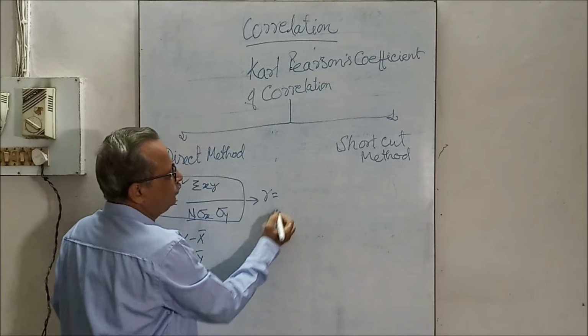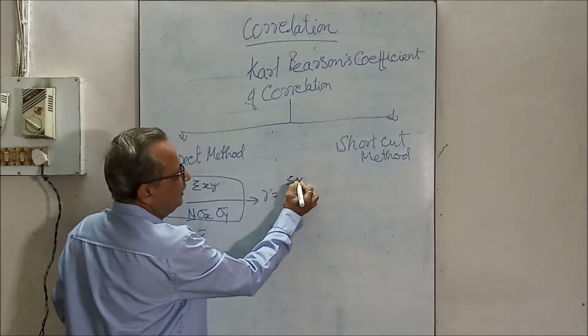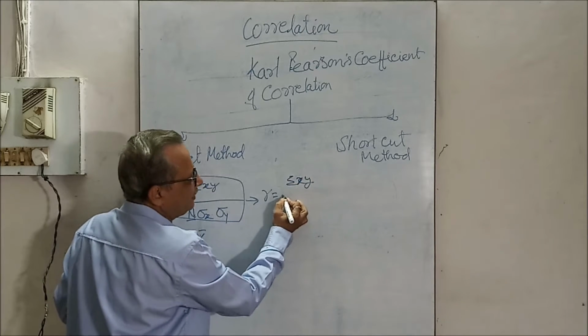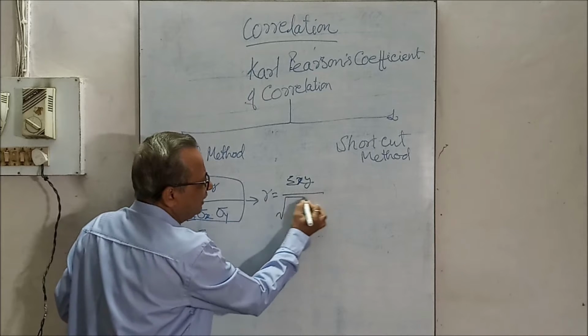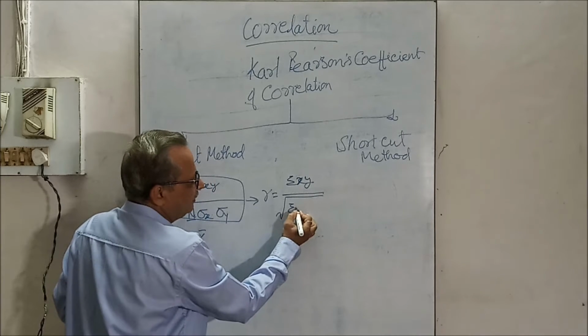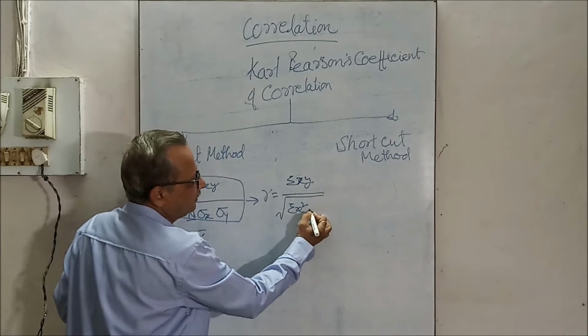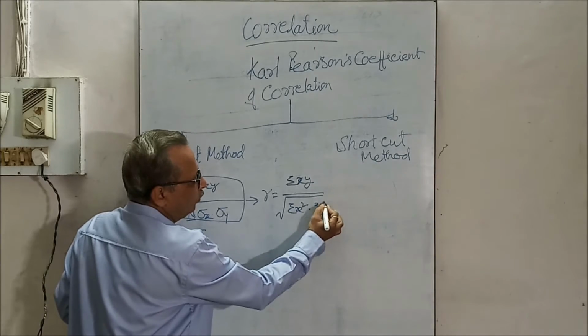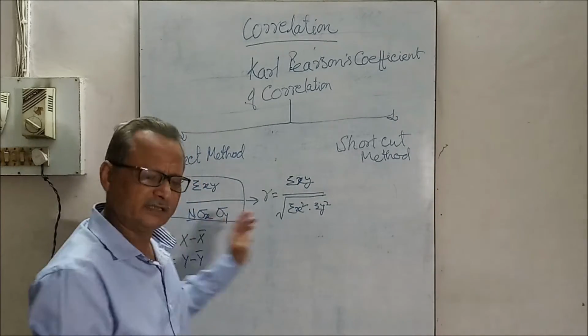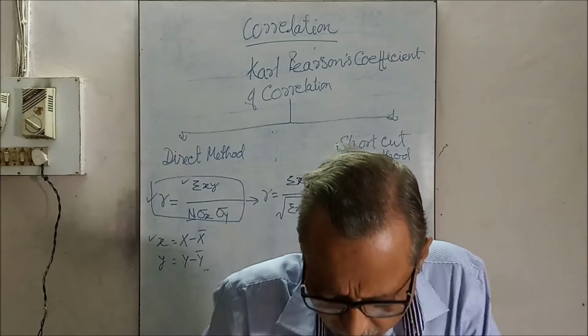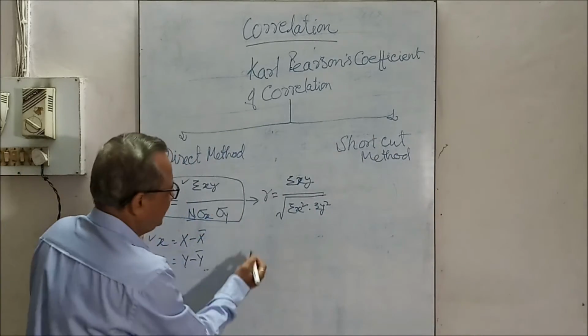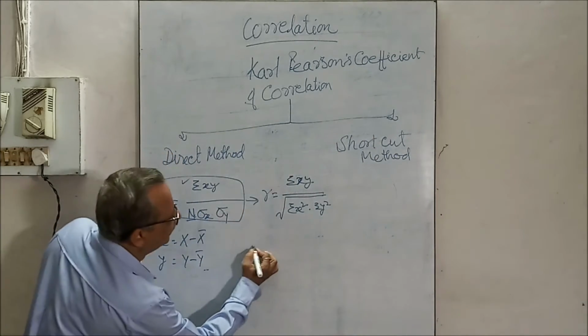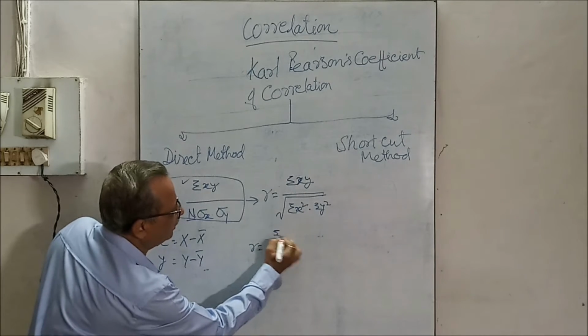Correlation is equal to the sum of xy, we have to calculate it, and then put under root the sum of x square into the sum of y square. Simply, how is it?